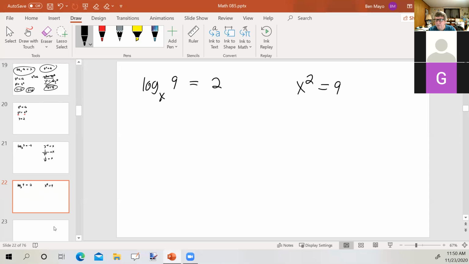Okay, now we can solve this either going all the way back to chapter 6 and setting it equal to 0 and factoring it, and taking each factor and setting it equal to 0, or we could solve it using chapter 10, I think it is, taking the square root of both sides. Let's do chapter 10. So you'd get x equals plus or minus 3, right?